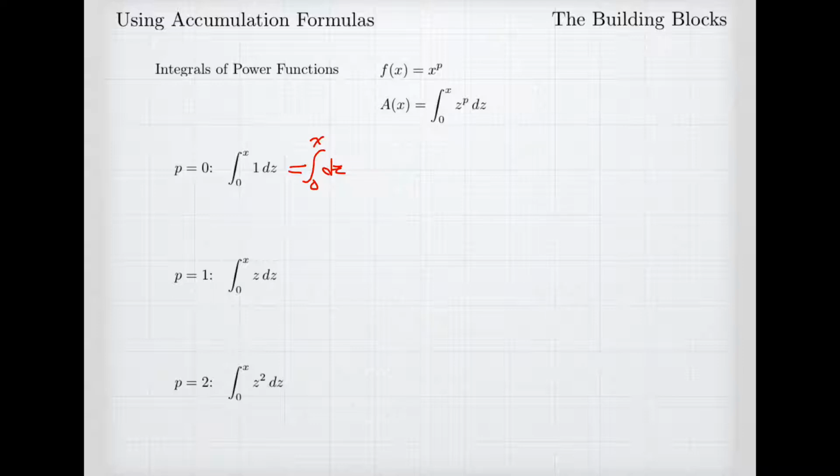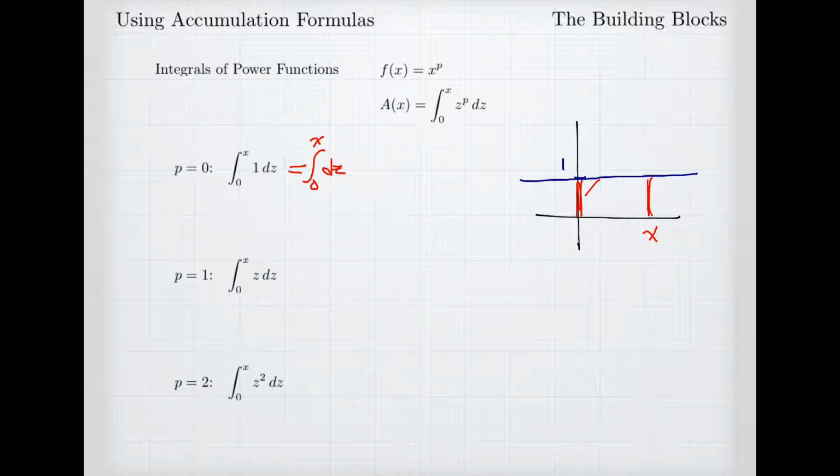So if I think about the area interpretation of a definite integral, we're looking at a function that has a value of 1 for all values of x. And the definite integral we're looking at is starting at x equals 0, and it's going to some arbitrary value x.